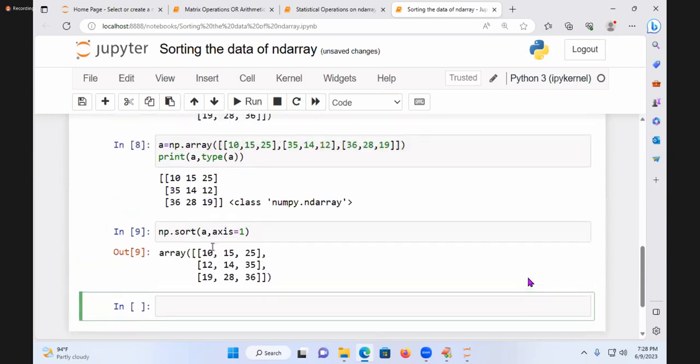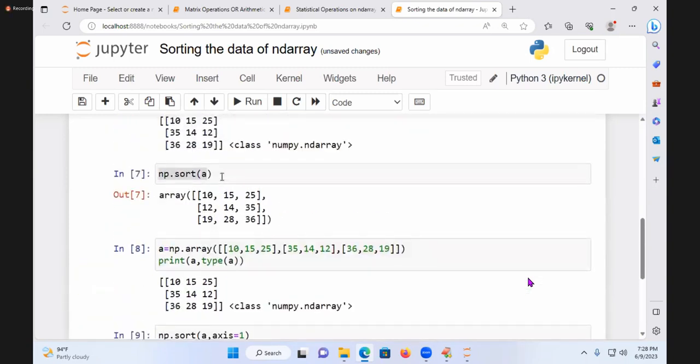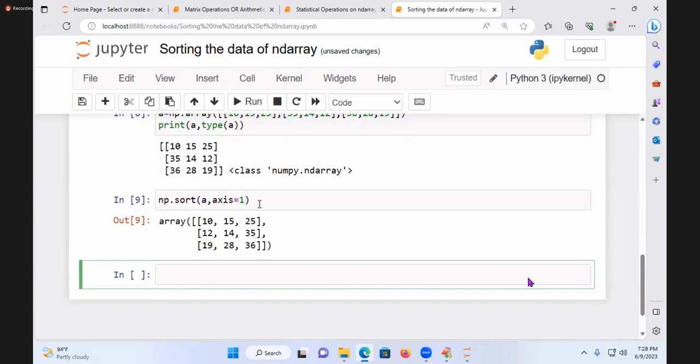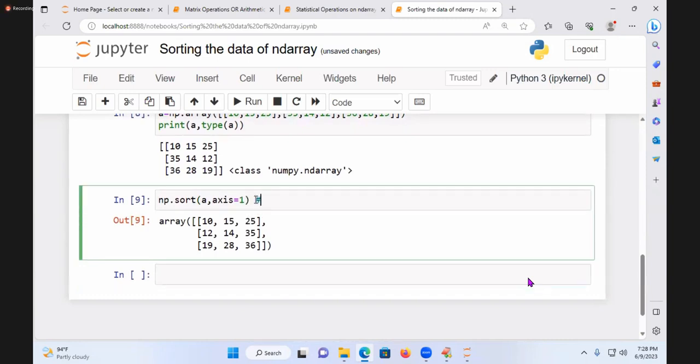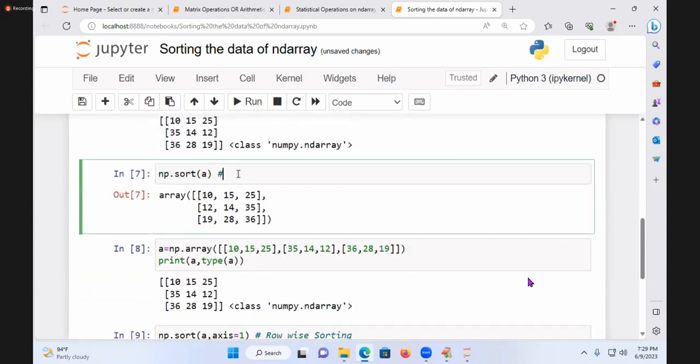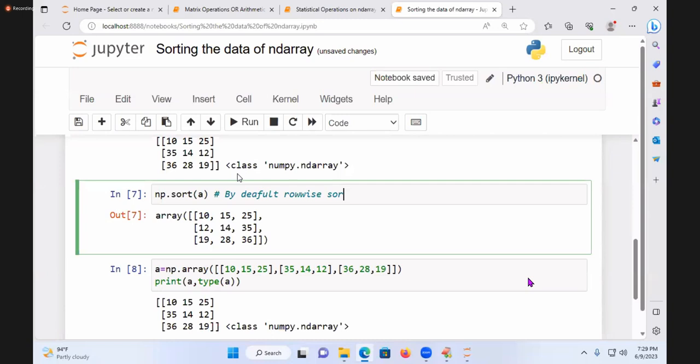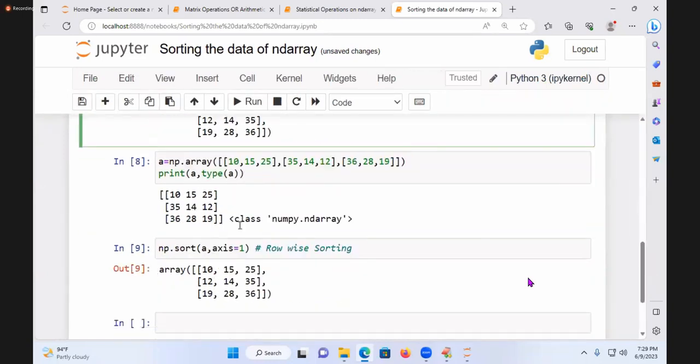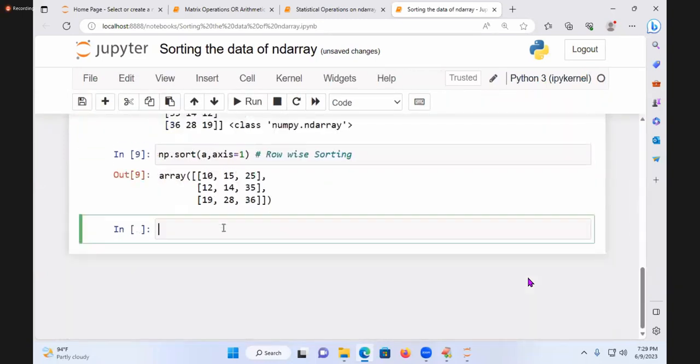Same. That means by default, this sort is applied row wise. Row wise sorting. Right?